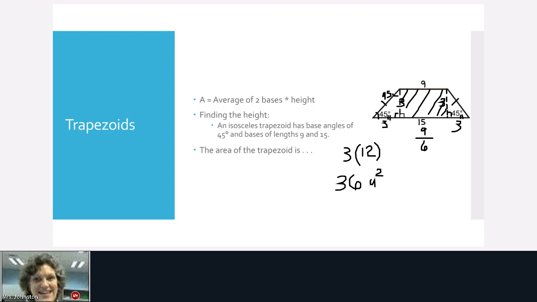We could calculate the length of those sides by taking the 9 out of that 15, and the leftover length of the bottom base was split into 2 equal pieces, each 3, meaning the height was 3 because a 45-45 triangle is also isosceles. And that gave us all the information we needed to find the area of this trapezoid.